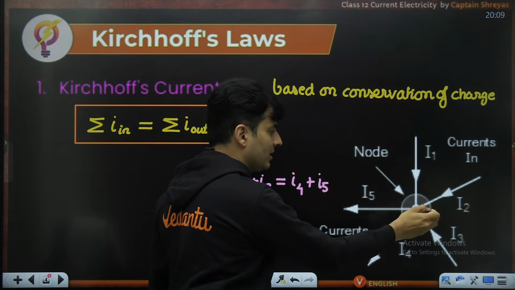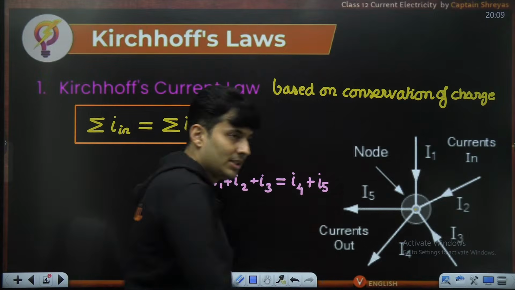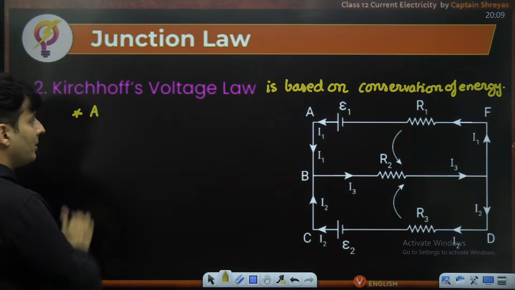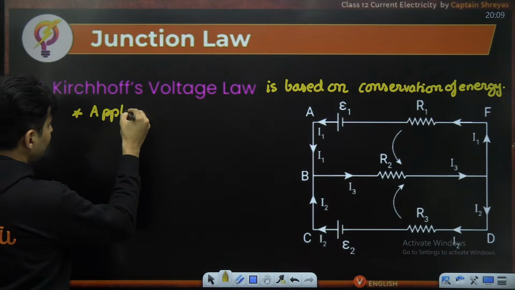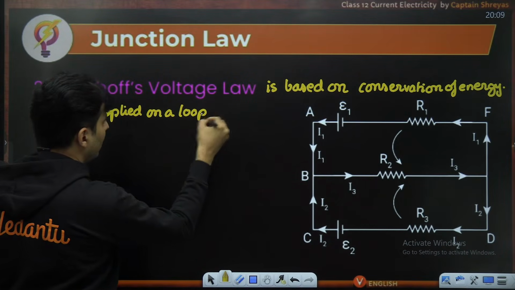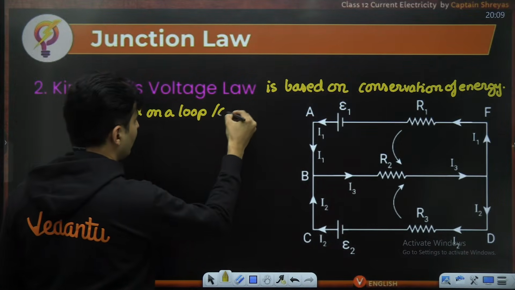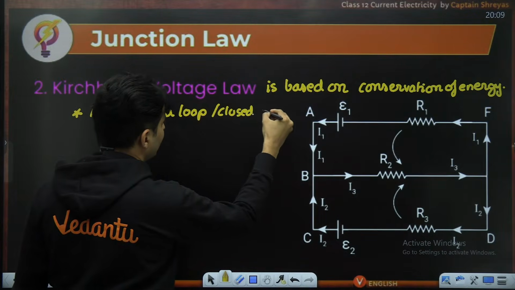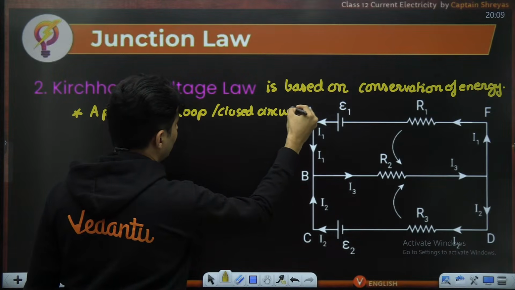Like Kirchhoff's current law is applied on a node or a junction, Kirchhoff's voltage law is applied on a loop, or a closed circuit.